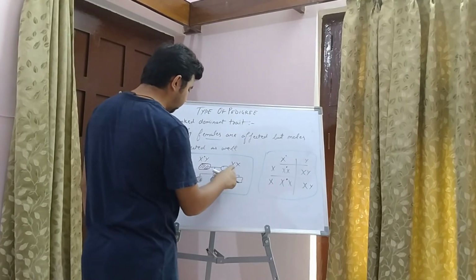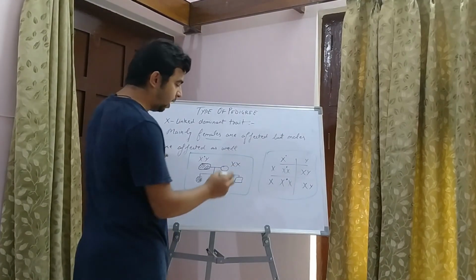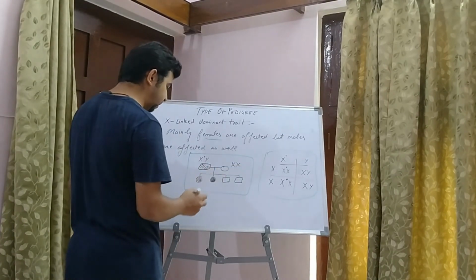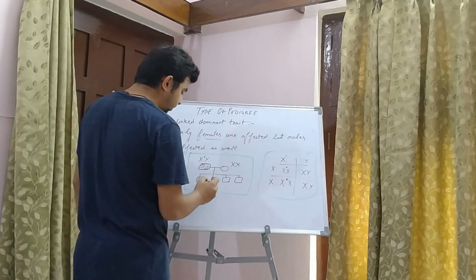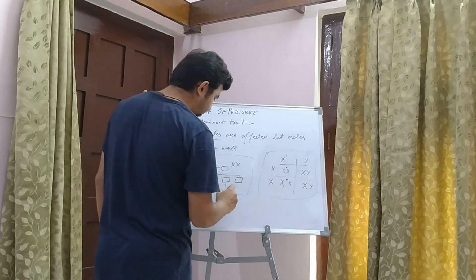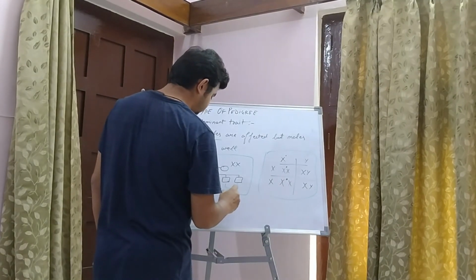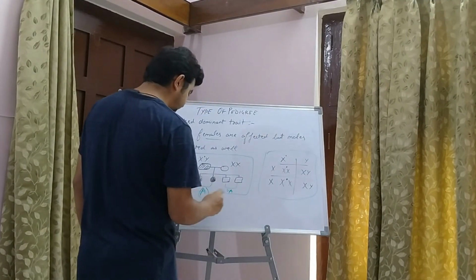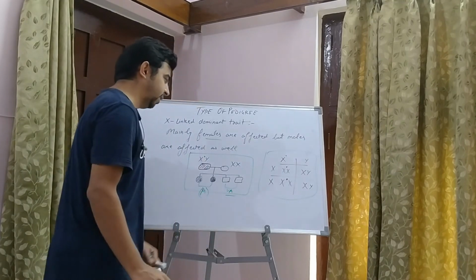When he is crossed with an unaffected female, we can see that the females are affected and the males are unaffected.